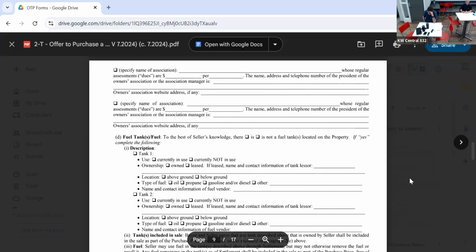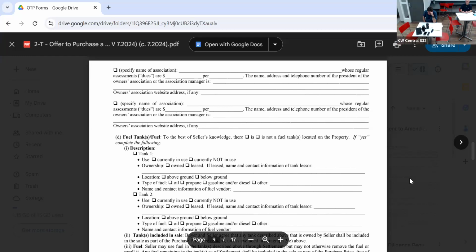It could be an all electric house and there still might be a fuel tank there. This also pertains to propane fuel tanks that most of the time are underground.